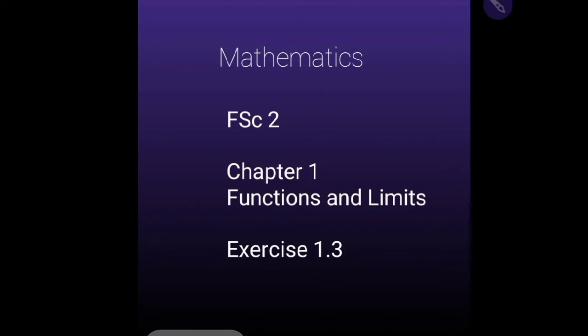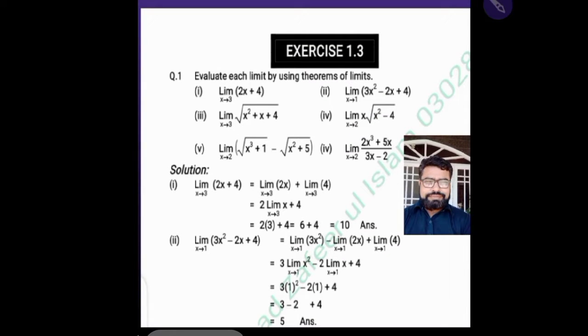FSc 2, Chapter 1, chapter name is Functions and Limits, exercise 1.3 is going to start. Evaluate each limit by using theorems of limits. 99% of people will put the limit directly, and that will be wrong.